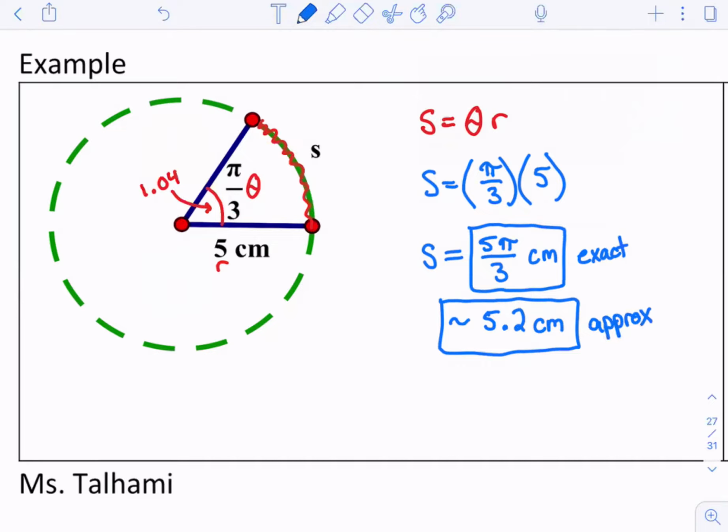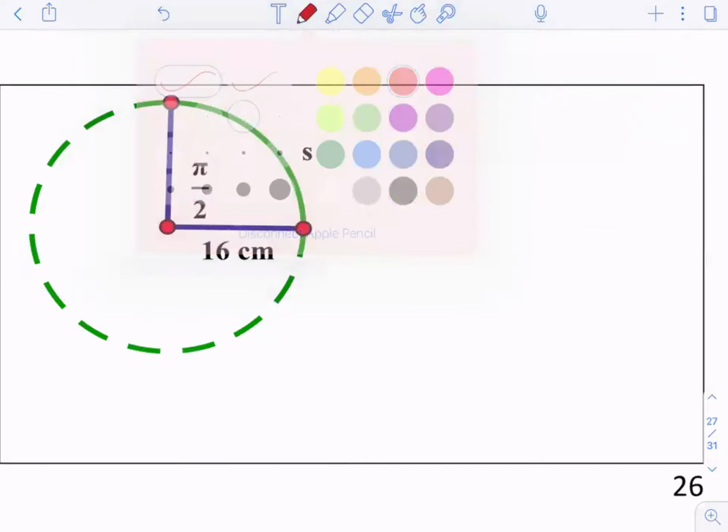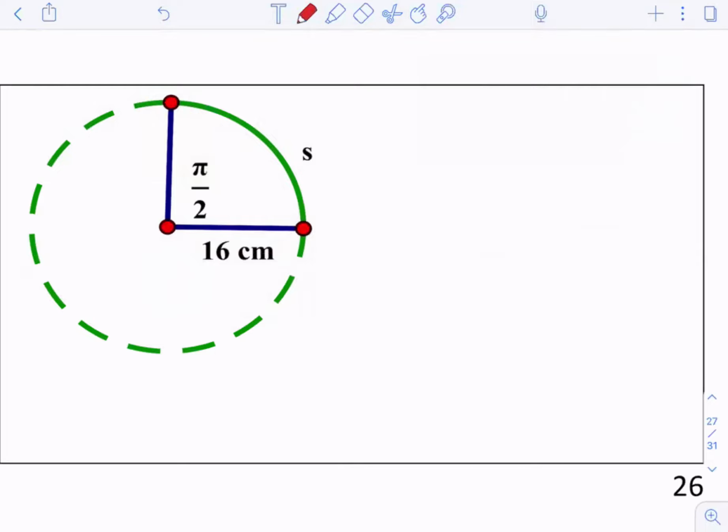All right, let's try one more example. Okay, so this is just like the one we did. So let's do that thought process that Mrs. Talhami just showed us. And what is pi? So let's put pi in our calculator, divided by 2. It tells us that we should have 1.57, so about 1.5 radians.